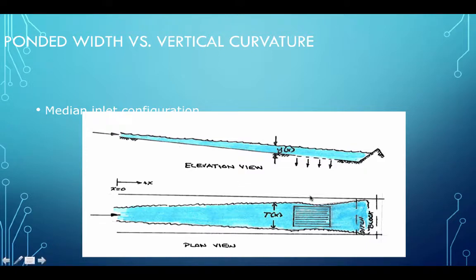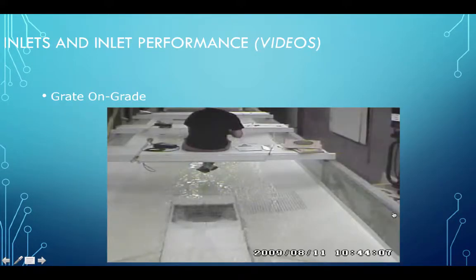When that's done, it might look like this in plan view. In this case spread width isn't on the highway, it's in the median. Doesn't seem like there's much impact on the spread width, but what's more important is there's no additional flow downstream, there's no carryover.